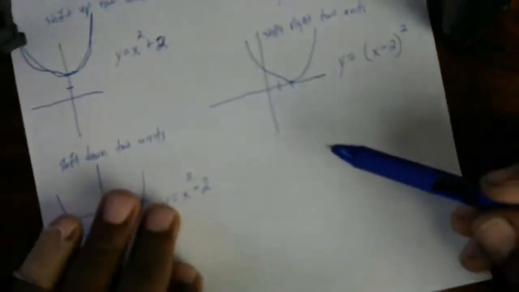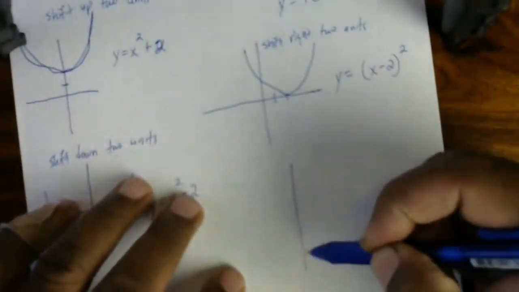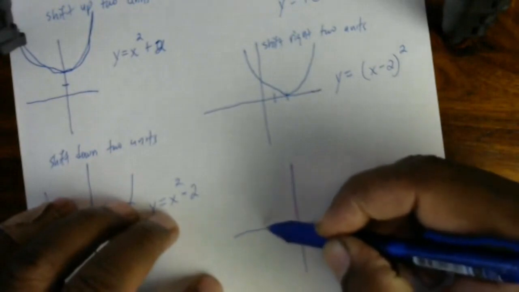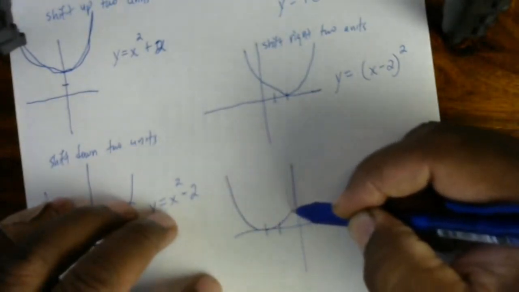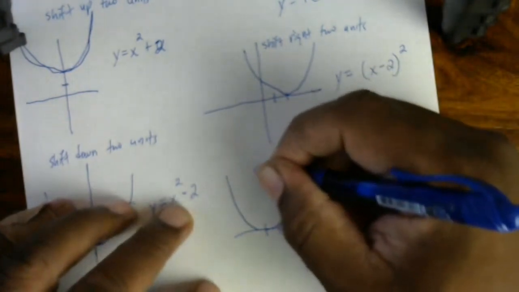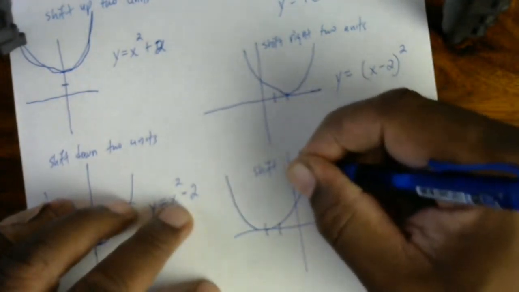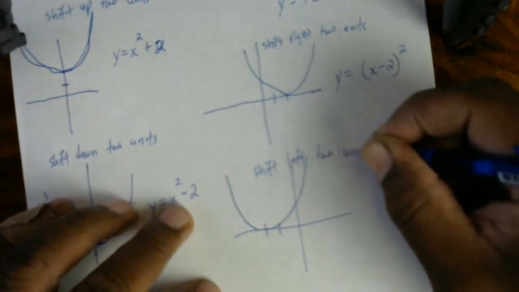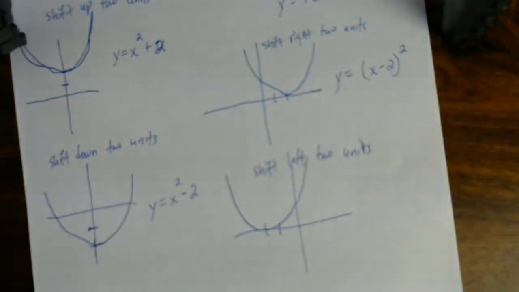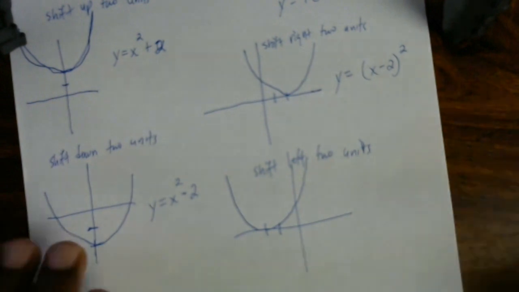All right, now conversely, let's say we want to take this graph and shift it to the left 2 units. So to just draw out what that looks like physically. That's 1 unit, 2 units to the left. And we want to shift the graph 2 units to the left. What would our equation look like?